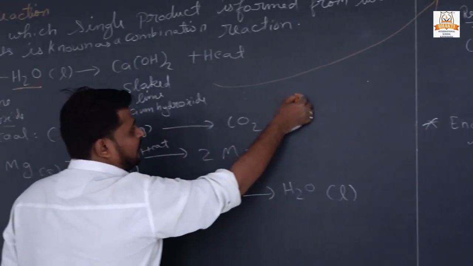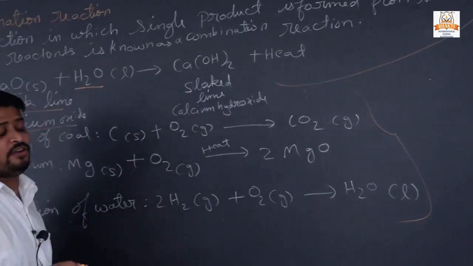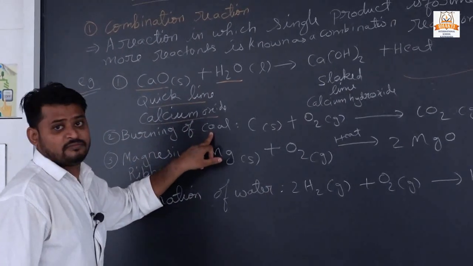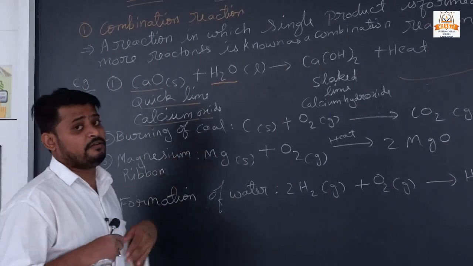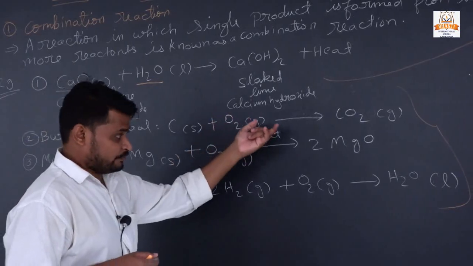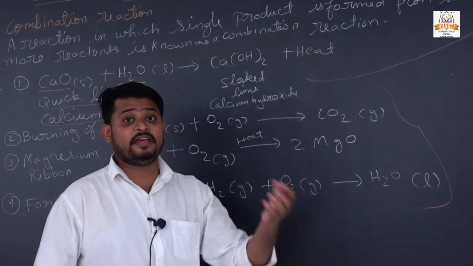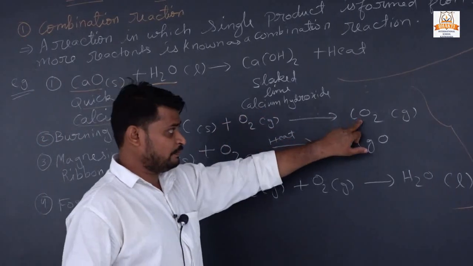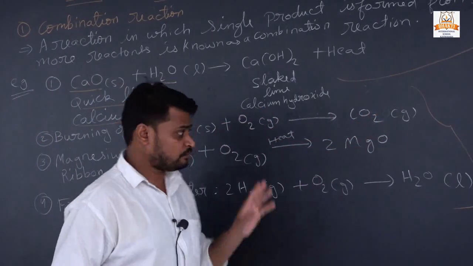These three examples are of endothermic reaction. See, in burning of coal, when we burn the coal and give it heat, in this reaction heat is absorbed by the reactants, so they give us the product CO2.